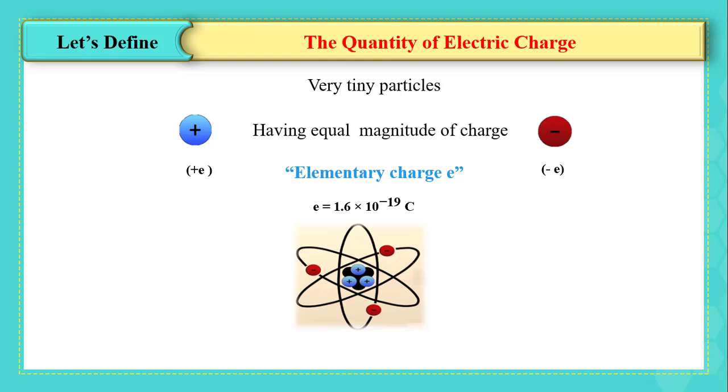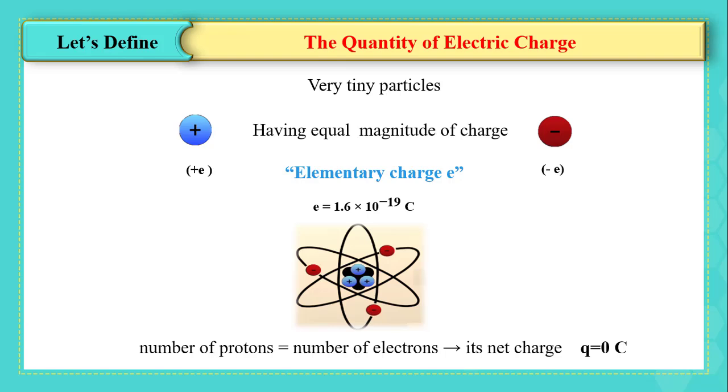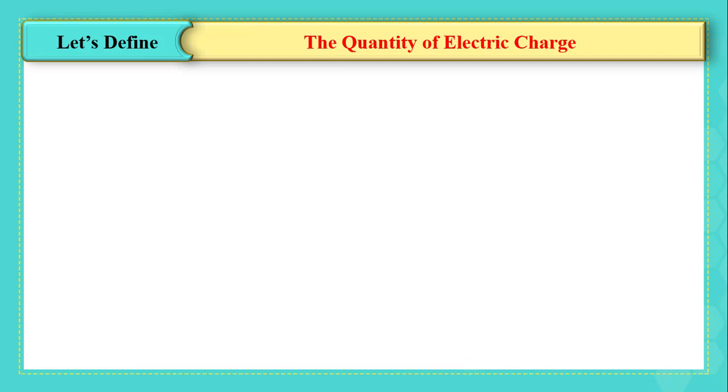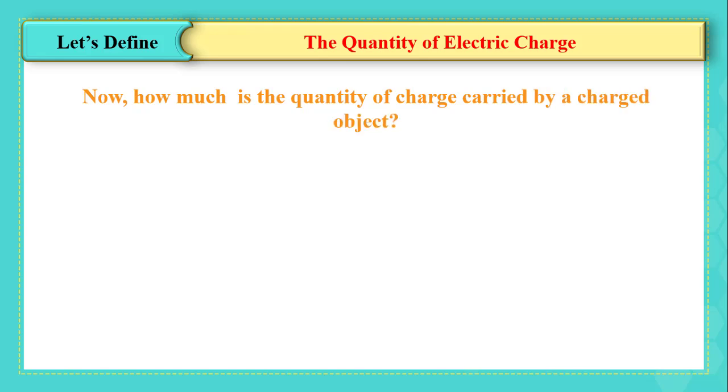In a neutral atom, the number of protons equals the number of electrons. Its net charge is Q equal 0 coulomb. Now, if an atom loses 1 electron, its charge Q equal plus e. If an atom loses 2 electrons, its charge Q equal plus 2e.